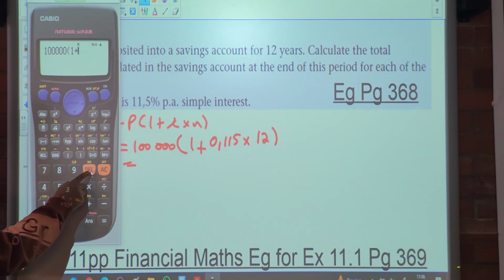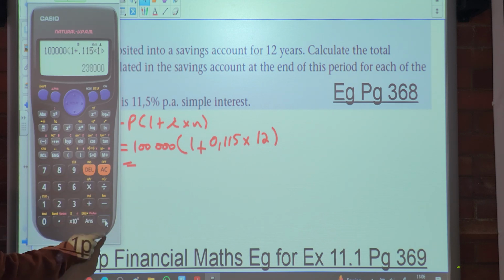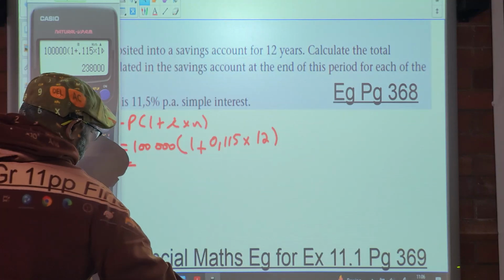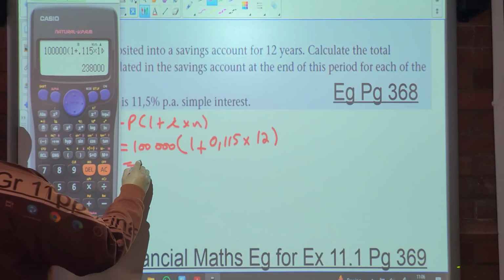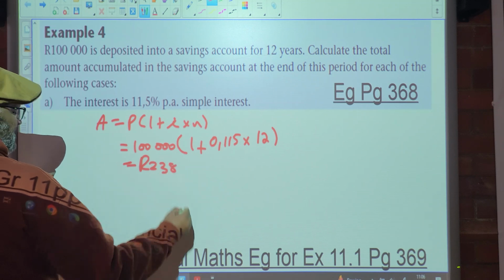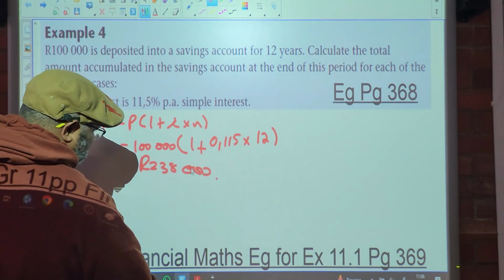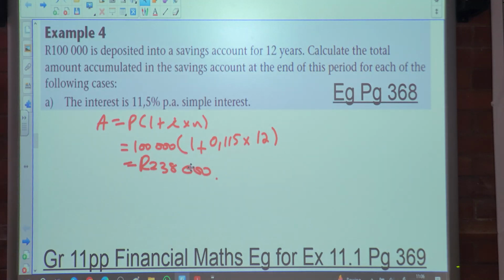That gives you 238,000 rand. So this person earns 138,000 rand of interest over 12 years at that interest rate.